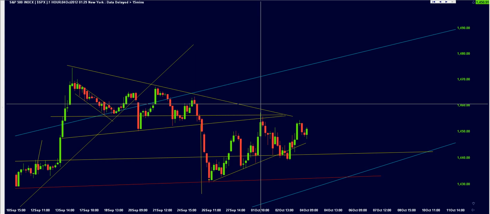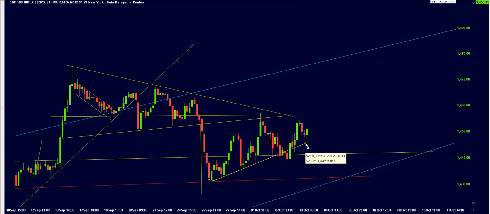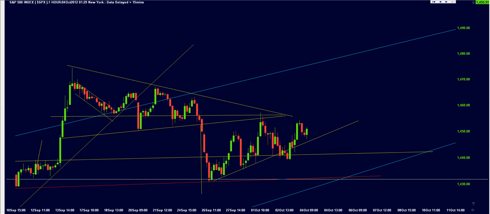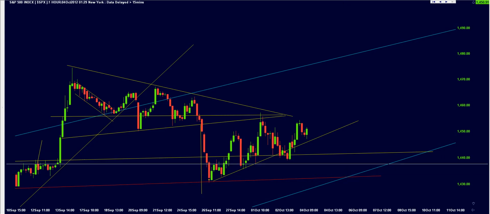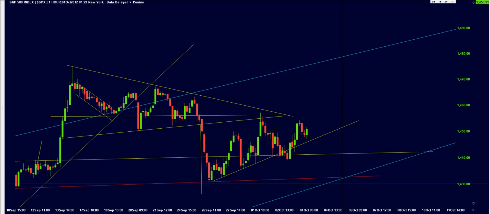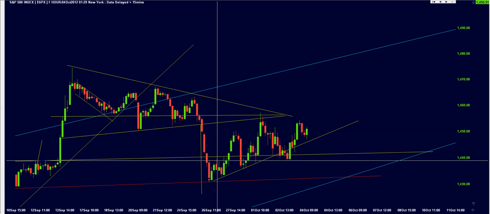As you can see though guys, that's the bearish case, that if we do come down and we break this yellow line, we may be looking at a move down to this red line or this blue line, and then we would be looking at a minimum expected target from this head and shoulders topping formation.